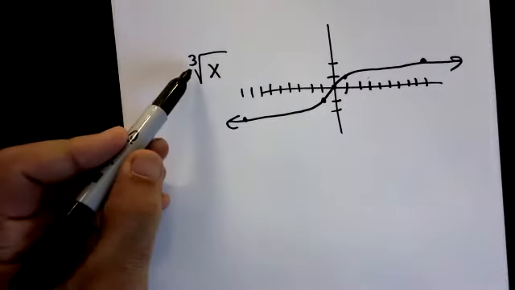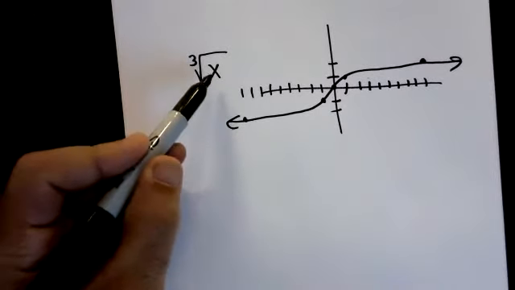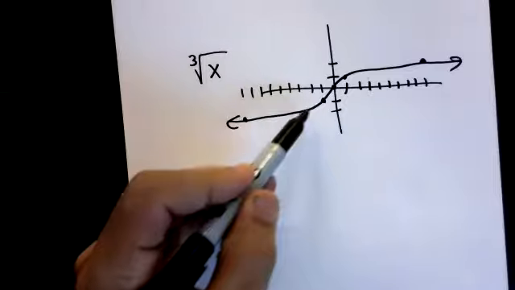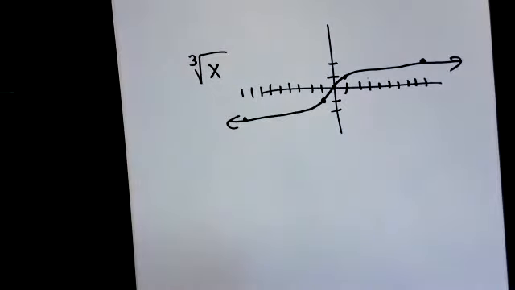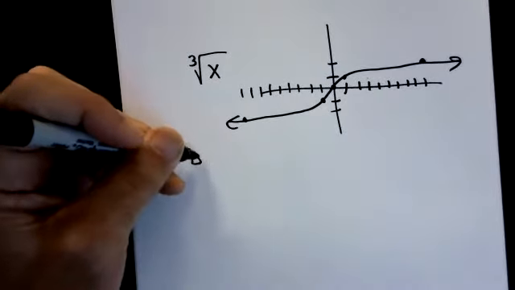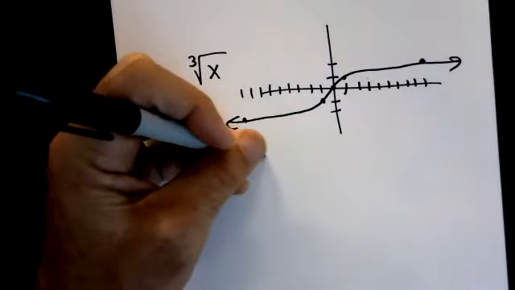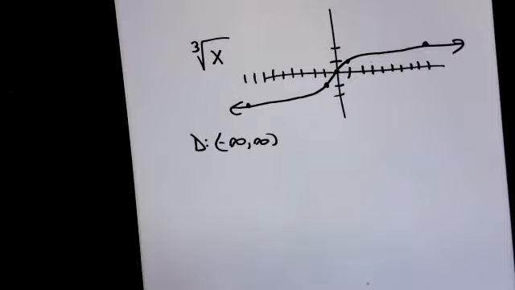Because again, with odd indexes you can put a negative inside, so this graph actually does keep going. The domain for this one: you go forever left, you go forever right, so your domain is all real numbers.